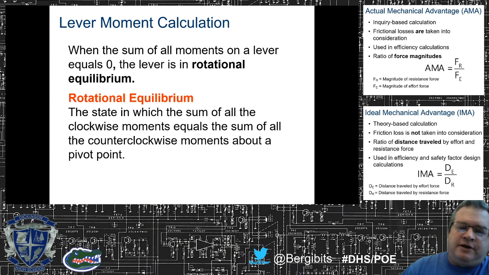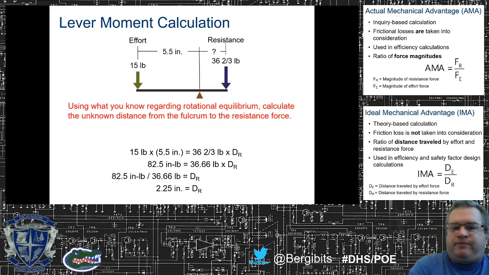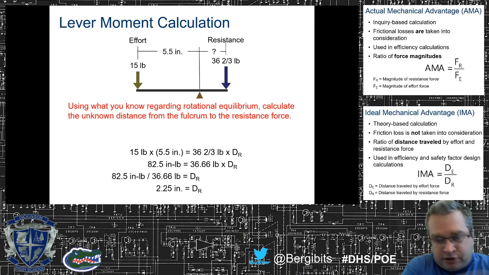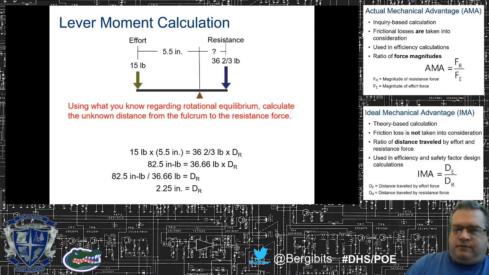So if we want to set everything to equal 0, meaning this lever is balanced, and visually the lever is balanced. So in theory, if it's balanced, it's in equilibrium, and so we can set them to equal each other, and the variable will come out to what we need to create that balance.